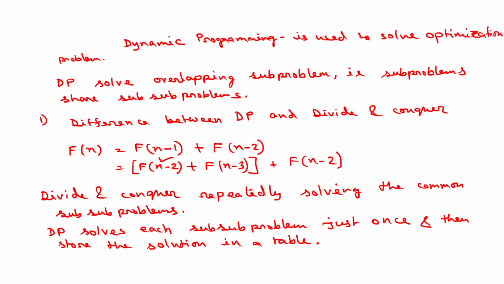Okay, so what is the difference? Divide and conquer does more work than necessary because it repeatedly solves the common subproblems. Whereas DP avoids the work of recomputation because every time it solves a subproblem a single time and stores the solution in a table for reuse.